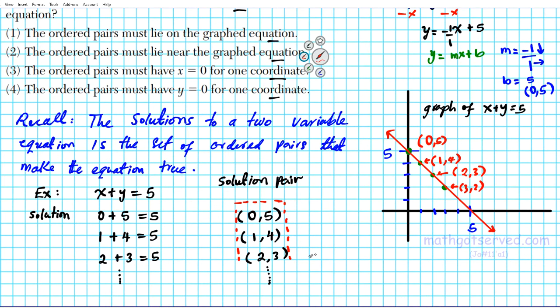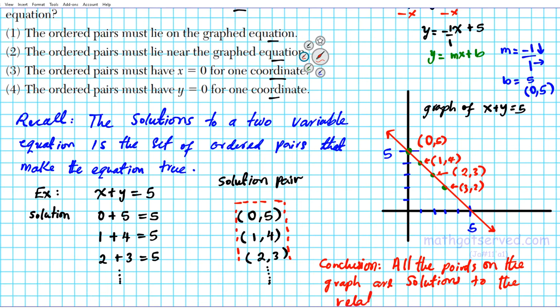So our conclusion is all the points on the graph are solutions to the related equation. Bam.